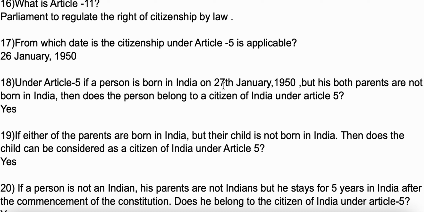So here the date is given as 27 January 1950, but both of his parents are not born in India, then does the person belong to the citizens under Article 5? He will belong. So if he is born in India and both the parents are not Indians, then under Article 5 he will be the citizen.